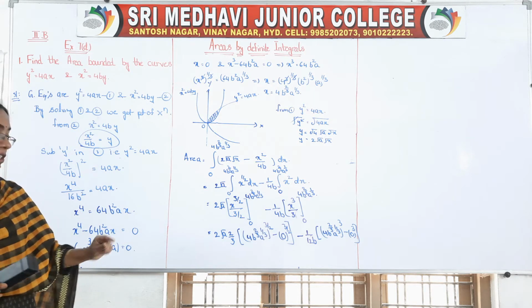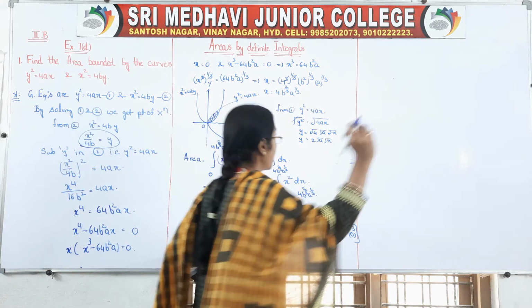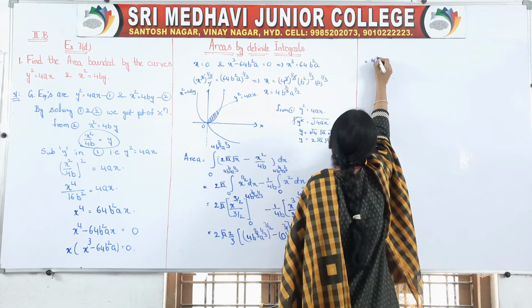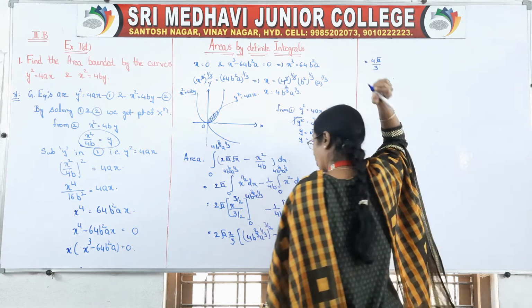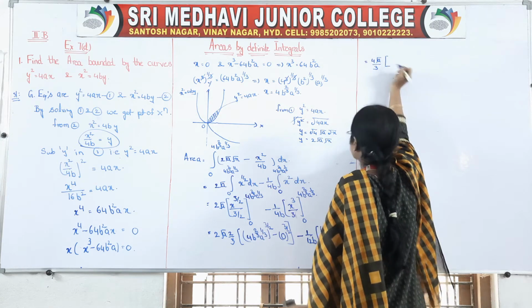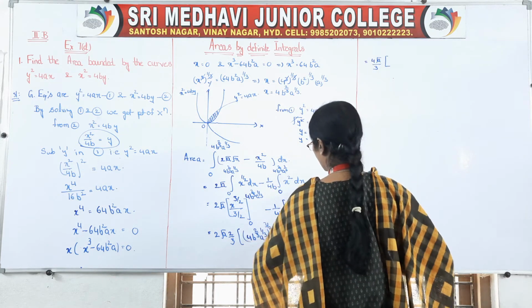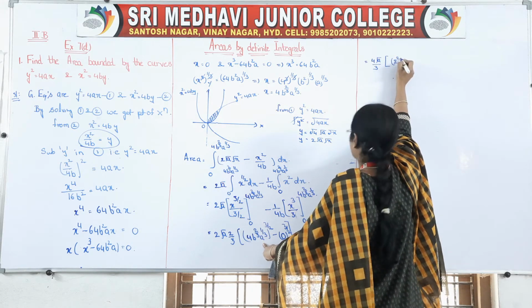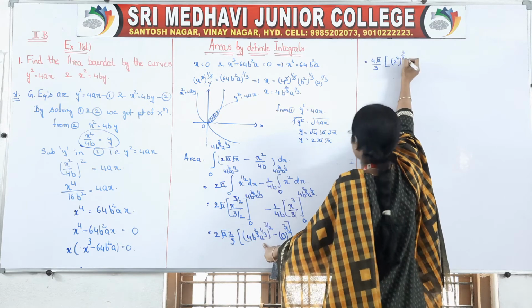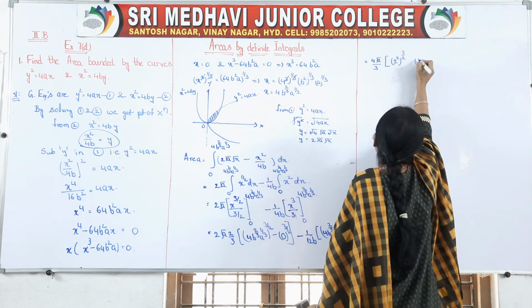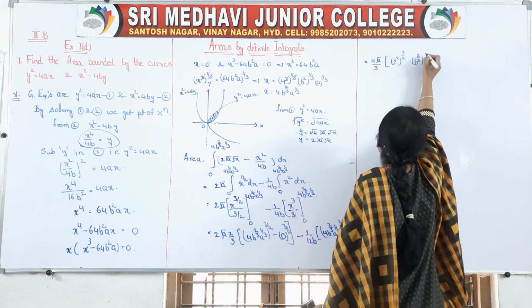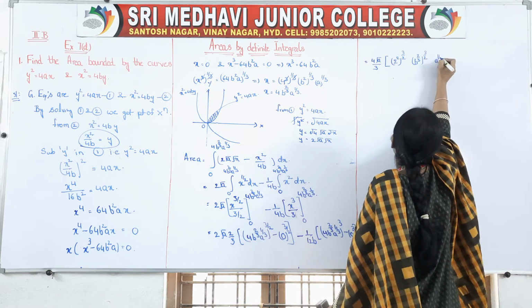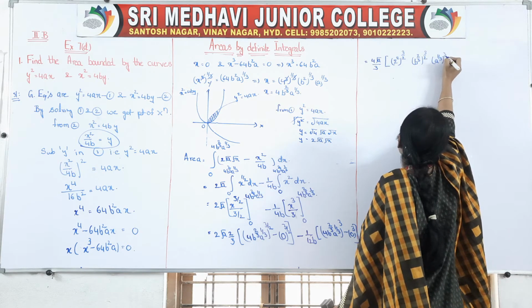So here we have 2 twos are 4 root a by 3. Inside, this 4 can be written as 2 square, and I am taking the power separately: 2 square to the power of 3 by 2, and b to the power of 2 by 3 whole to the power of 3 by 2, a to the power of 1 by 3 whole to the power of 3 by 2.